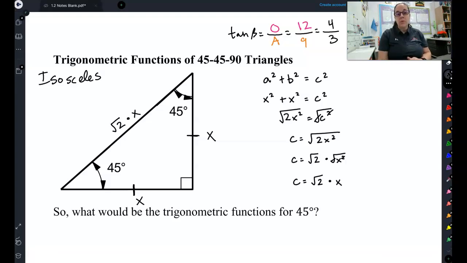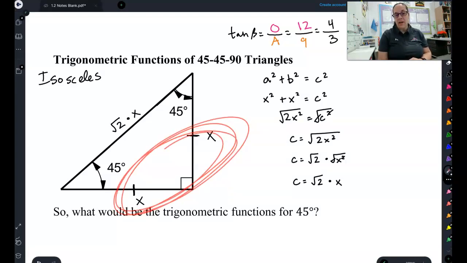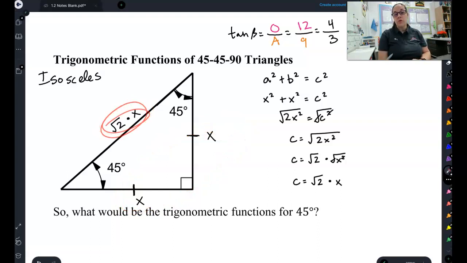Now this is a really big idea. This means it doesn't matter what number these sides are, we know that this hypotenuse will be square root of 2 times that number. So let's say I gave you a triangle, I told you it's a 45, 45, 90, and I told you that this side length is 5.